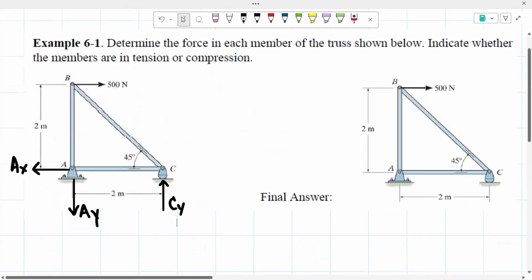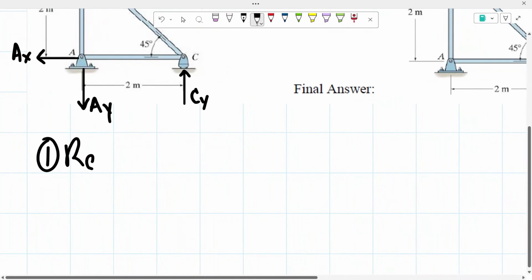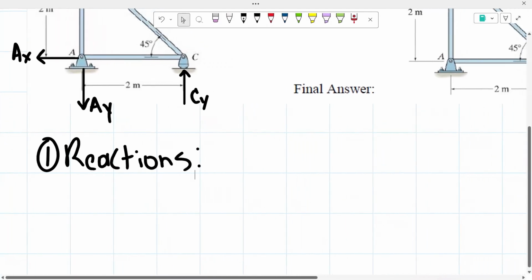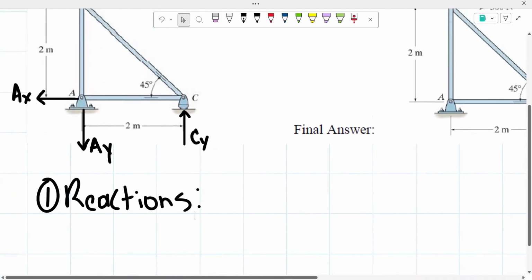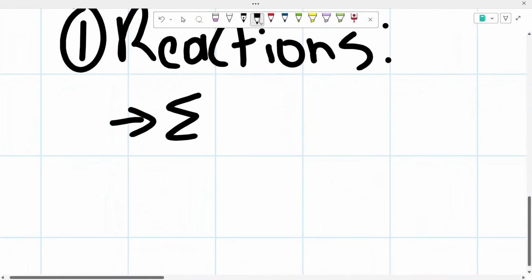So now that we've determined how many reactions we have, we're going to proceed to finding them. The first step was reactions, and now we're going to determine the values of them. I'm going to start off with our forces in the x direction.